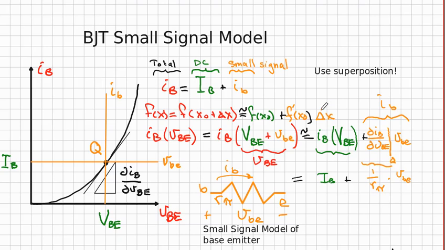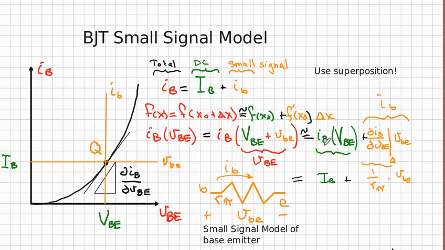Let's translate that into the terms for this IV characteristic. i_B, the little i sub big B, is similar to f. Little v sub little be is similar to x. And so we have i_B evaluated at big V_BE, which is like x0, plus little v_be, which is the delta x.